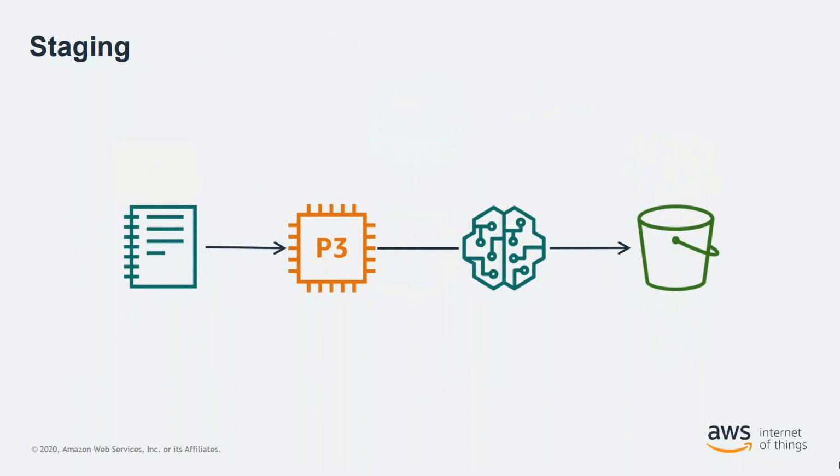So we've gone from the notebook to the P3 instance to generating the model, and we're going to take that model and SageMaker puts it on an S3 bucket for us. Okay, so now that model, which is represented by a binary blob, is now sitting on an S3 bucket that we can take and do something effective with it, right?